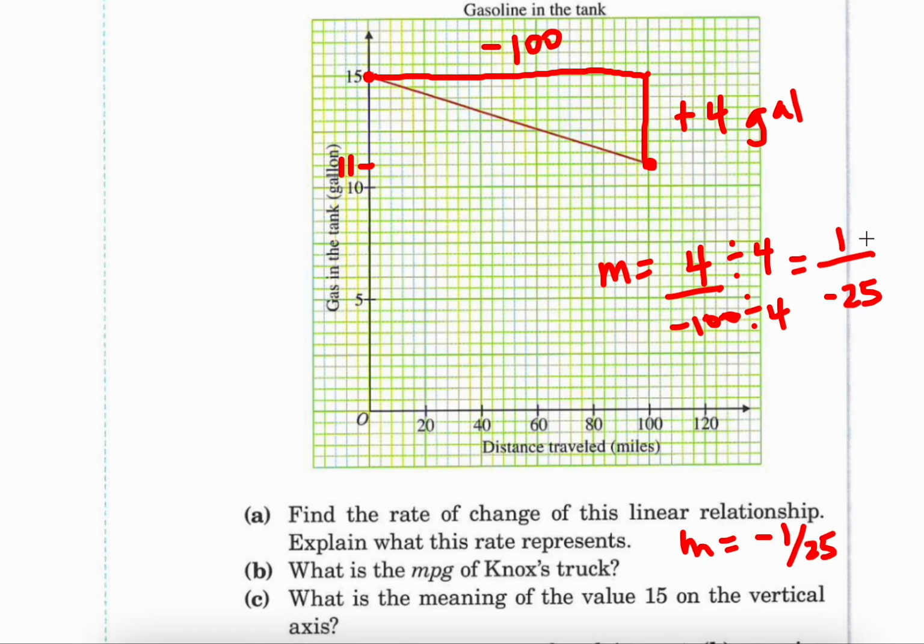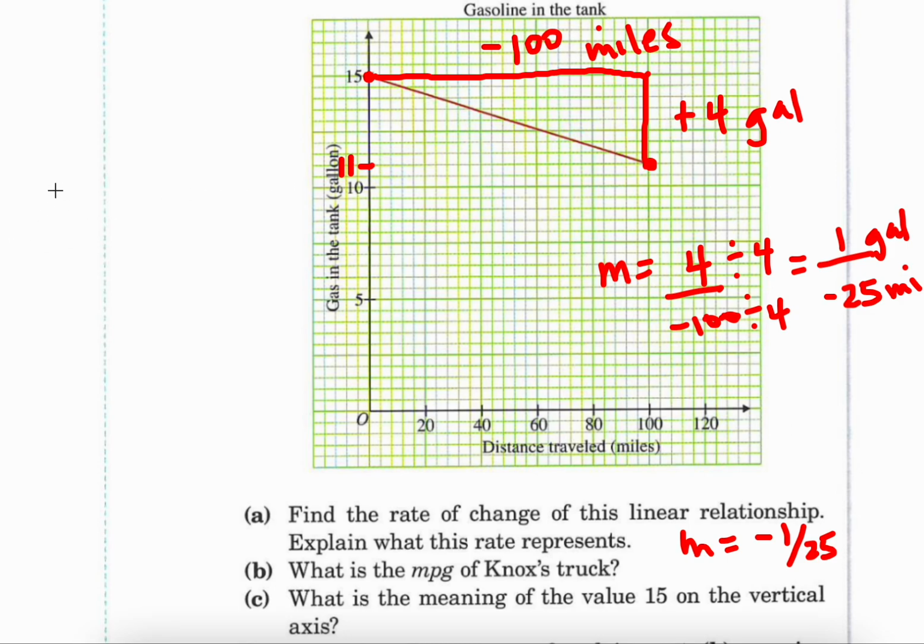But what does that mean, right? Remember, our rise was our gallons. And then our run, we didn't write that down, is going across our x-axis, which is miles. So it's 1 gallon per 25 miles, and it's negative. Okay, so that negative tells us something important. That means the negative means that we're using up or losing gas.